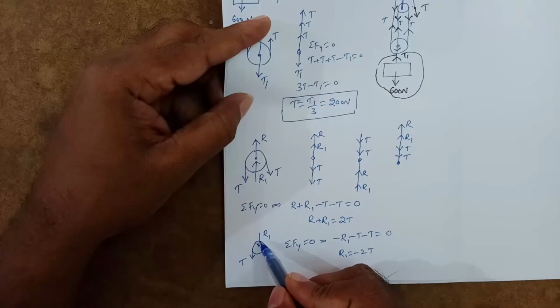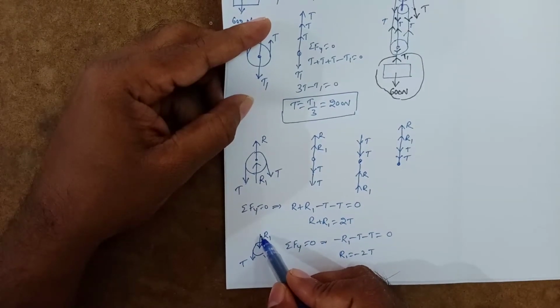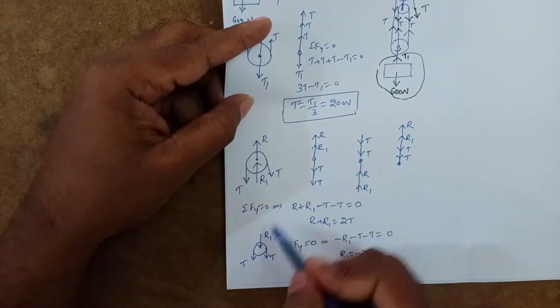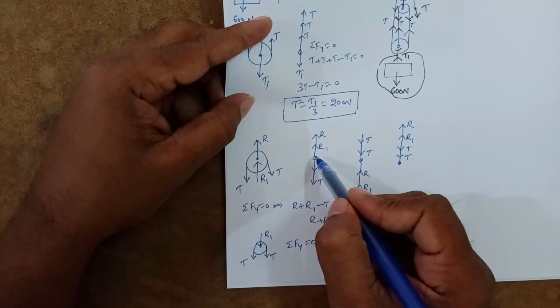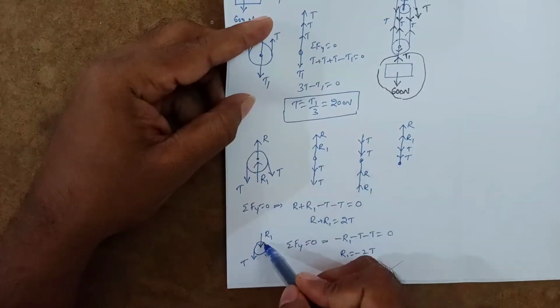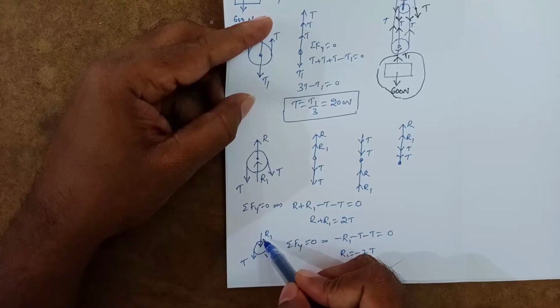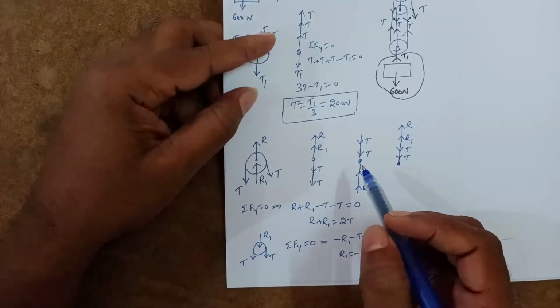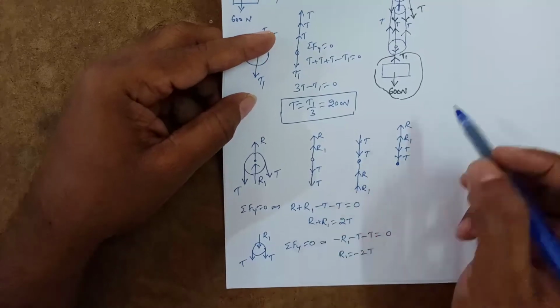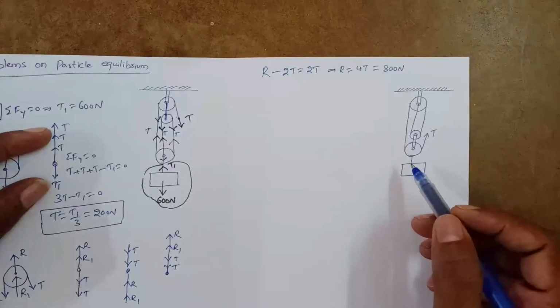I cannot assume it as upward here. Here I have taken it as upward, here it must be downward. If I assume it here as downward, then here it will become upward from Newton's third law, action and reaction. So fine, we'll move on to this case now.